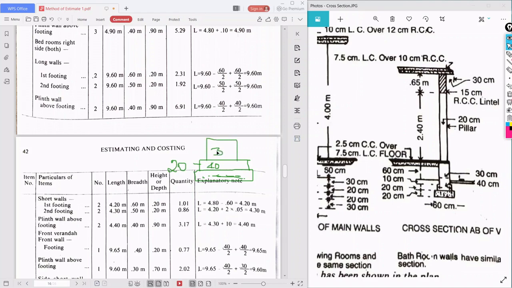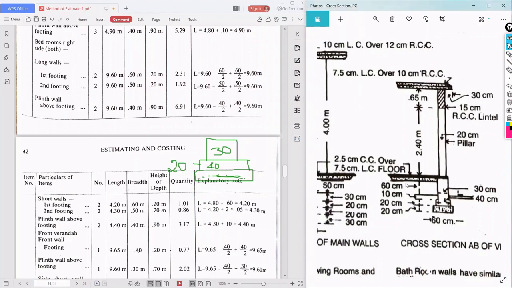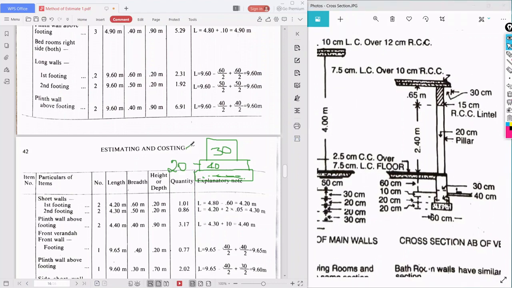The plinth wall is 30 centimeter. The height of the plinth is 60 plus 10, that is 70. So plinth is 60 plus 10 up to ground level. Then the first footing is 40. So this is the arrangement they have done.